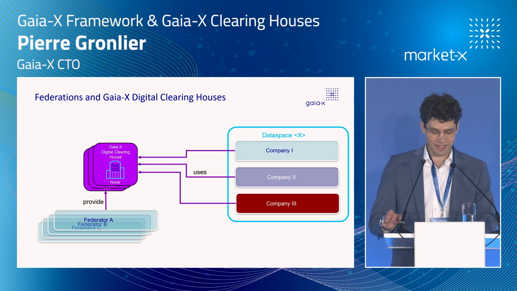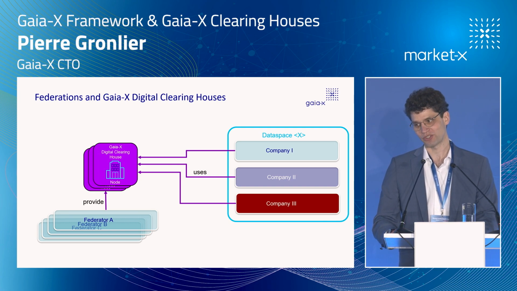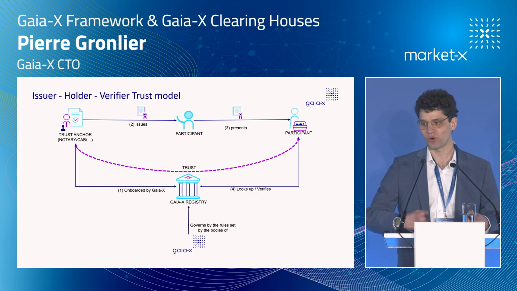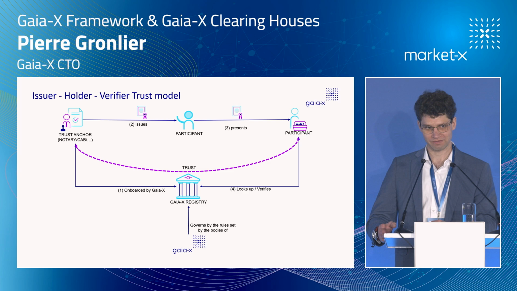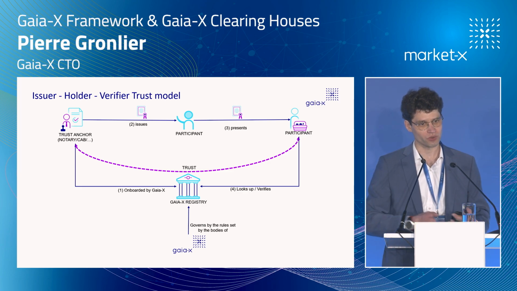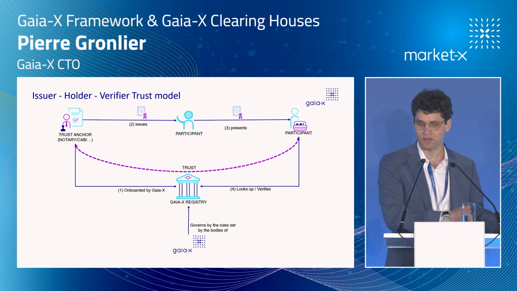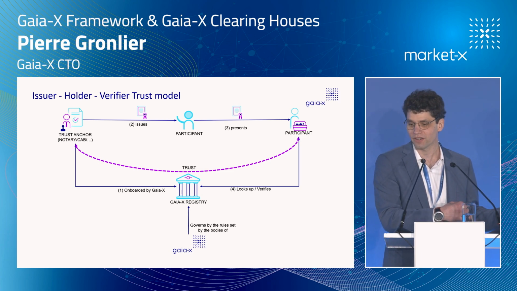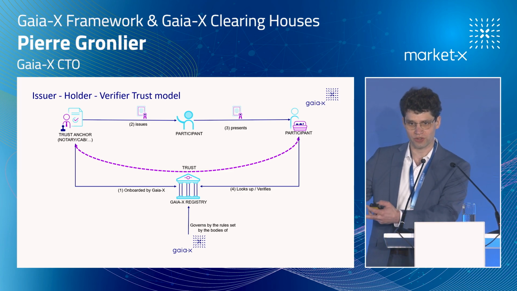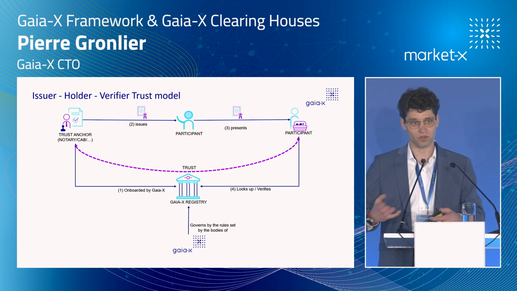The next slide is the most technical slide I will present today for this session. And that's the basic issuer, holder, verifier trust model. You are an instance, you want to issue information to someone, so you are the issuer. That's the thing that we call a trust anchor in the Gaia-X vocabulary. You hand over credentials to the holder that will store them for you.